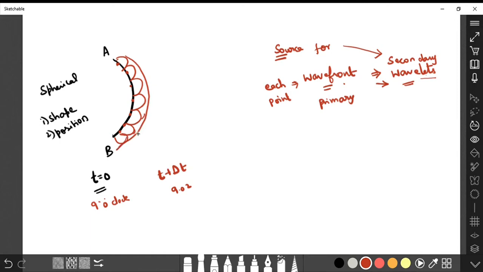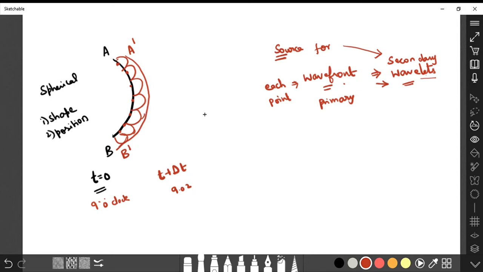This new position is represented as A dash and B dash. So after a certain time we get the shape and position of the wavefront by using the Huygens principle. This is the spherical wavefront I explained.